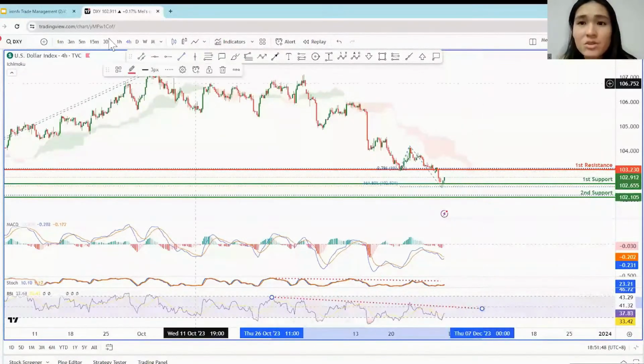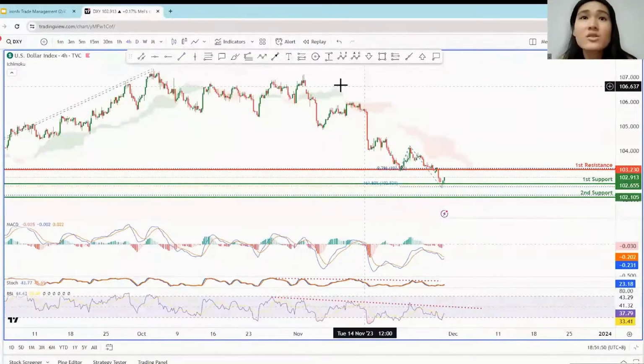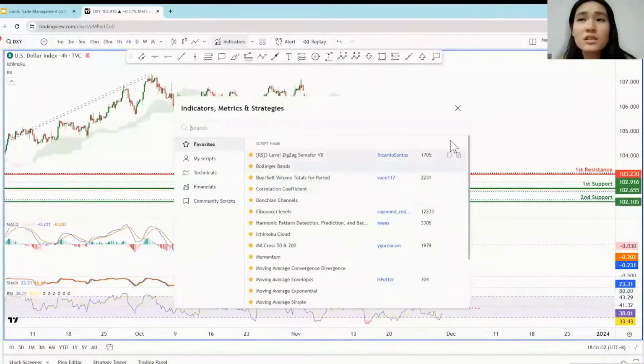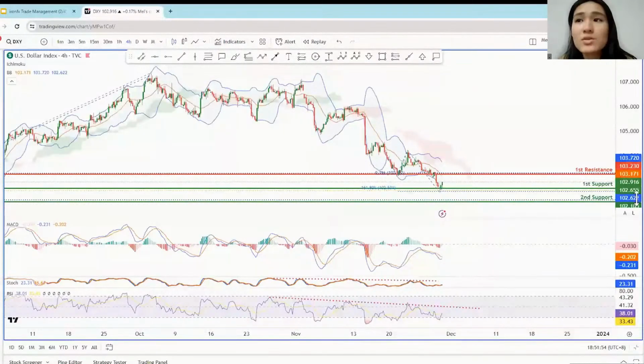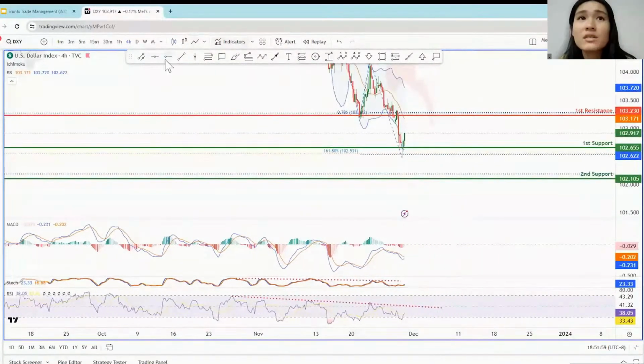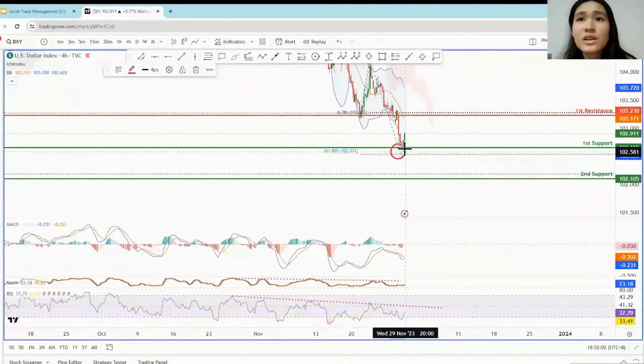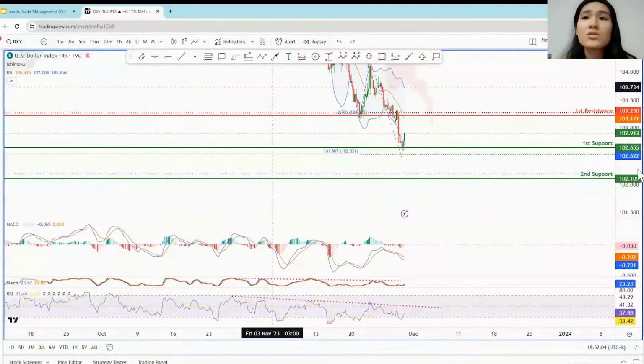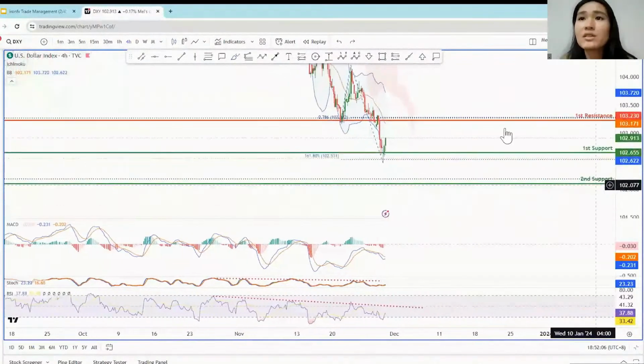Okay, RSI is also moving in this ascending trend line. So pretty bearish signals here. Bollinger Bands also moving below the lower band. Okay, you can see that here. So also supports our bearish signals.